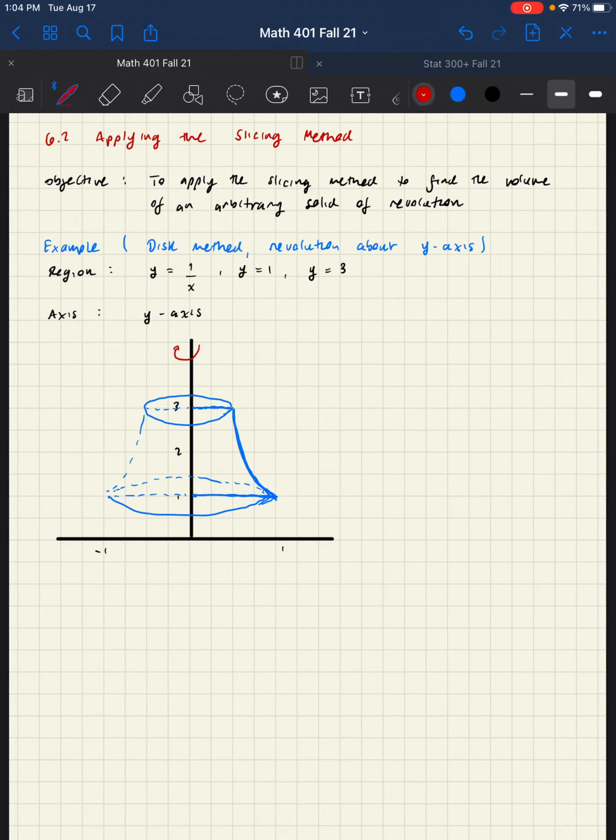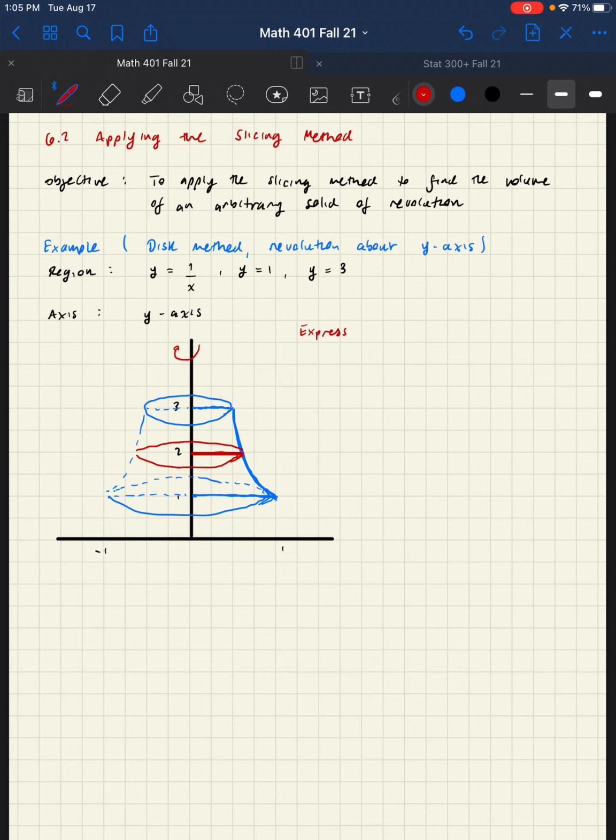All right, but when we rotate about the y-axis, we couldn't apply the slicing method by doing the integration with respect to x. What in fact we need to do is take a horizontal slice like this, and recognize that that is going to be rotated about the y-axis. So that's going to make a horizontal disk there.